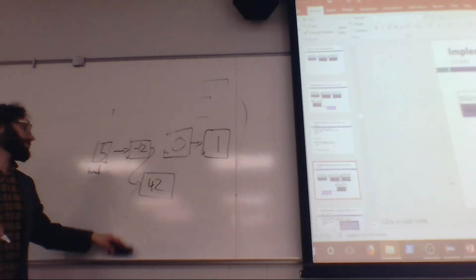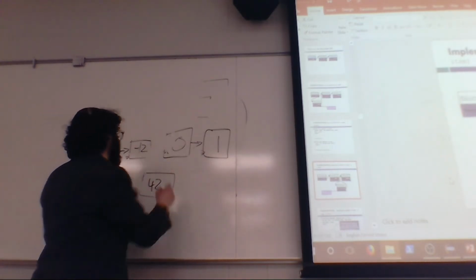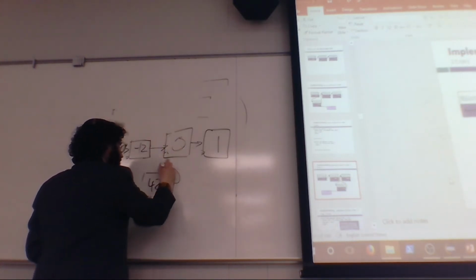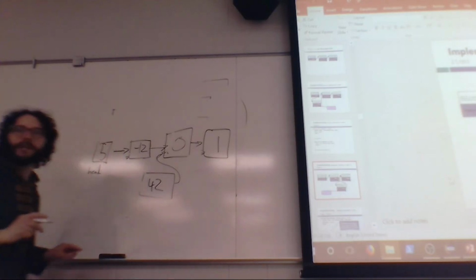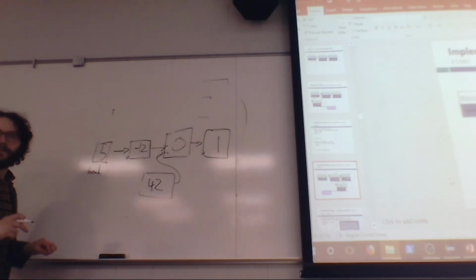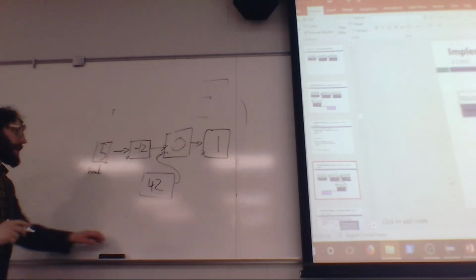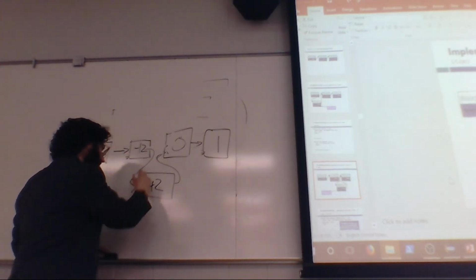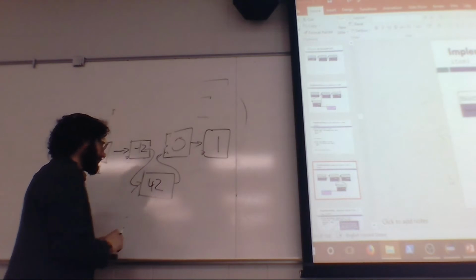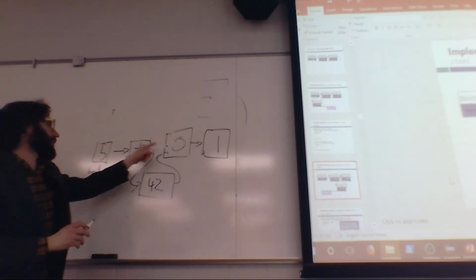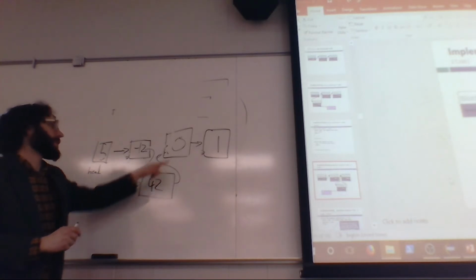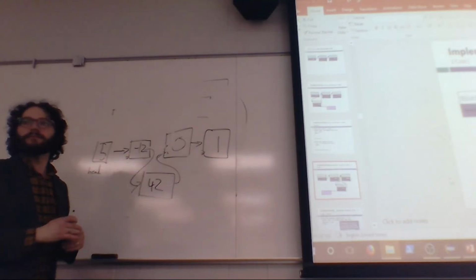So the first thing I need to do is attach the new node I'm adding over here, right? And then I can attach negative 12 to it. And now instead of going 5, negative 12, 0, 1, we go 5, negative 12, follow the arrow to 42, follow to 0, then 1.